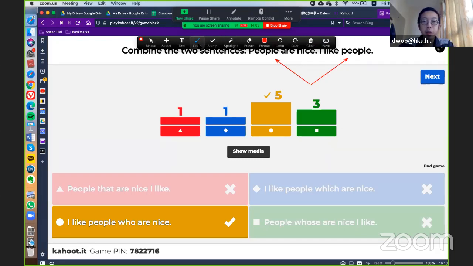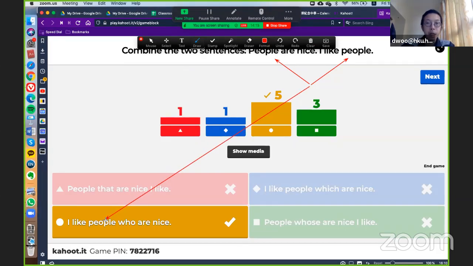So we see people are nice, I like people. Then you see at the bottom, I like people, and right next to people, the relative pronoun who.